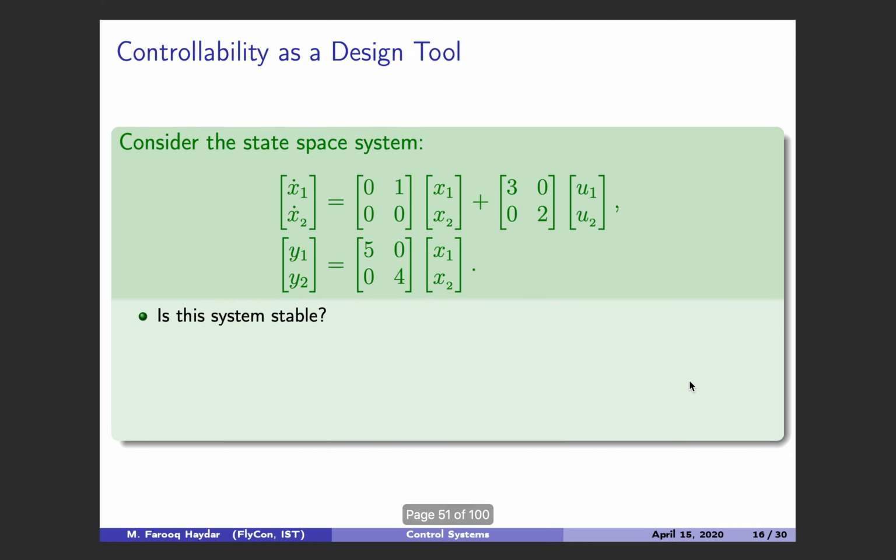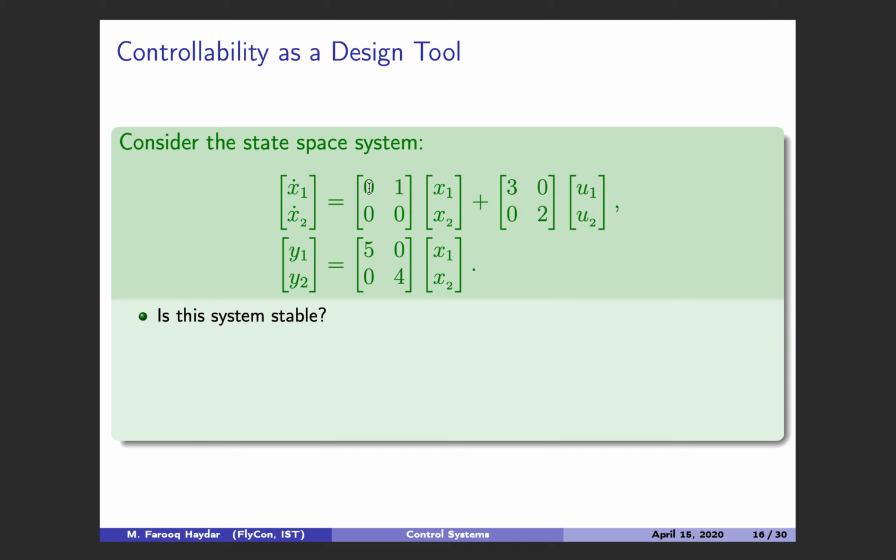So here we see another example. This is another very simple system. In this case, again, n is 2, where n is the dimension of the matrix. So the A matrix is 2 by 2, and n is 2. Does this look like a Jordan form to you? Because it exactly is a Jordan form.